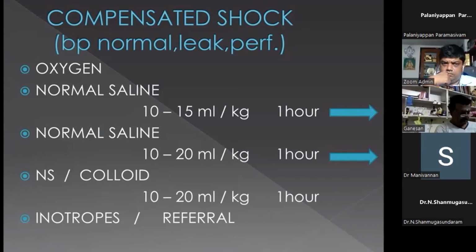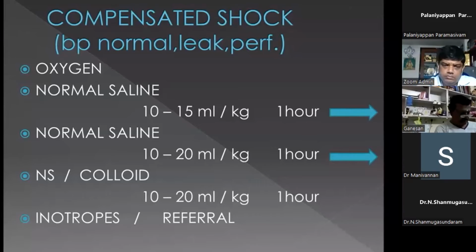If everything has improved, slowly you taper the IV fluid. After 1 hour, if the pulse is still weak and the pulse pressure is narrow, give another bolus of 20 ml per kg over a period of 1 hour. Again, you have to assess. If the child is not improving, then for the third dose, we suggest colloids.